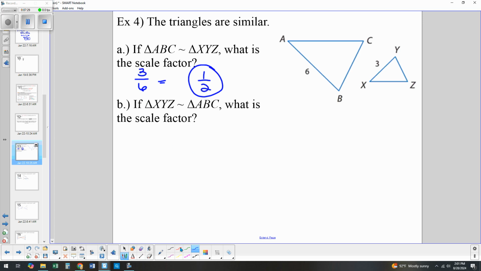But if I flip the order around, I'm now considering XYZ the original and ABC the image. So that means I'm getting bigger to get from XYZ to ABC. So the 6 would go over the 3, and then my scale factor is really 2 over 1, or 2, but I would keep it as 2 over 1.